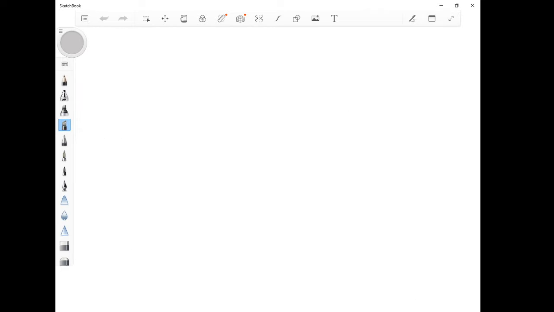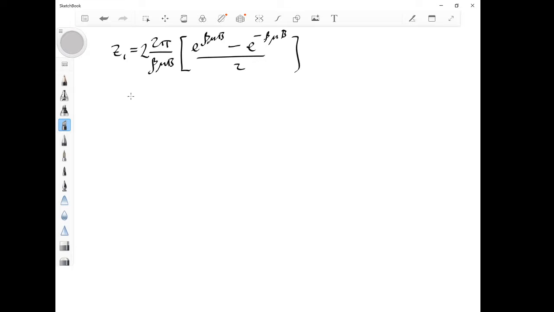What we then get is z1 is equal to 2 pi on beta mu b. Let's bring another 2 out the front. We've got e to the beta mu b minus e to the minus beta mu b all over 2, which is equal to 4 pi on beta mu b sine of beta mu b.